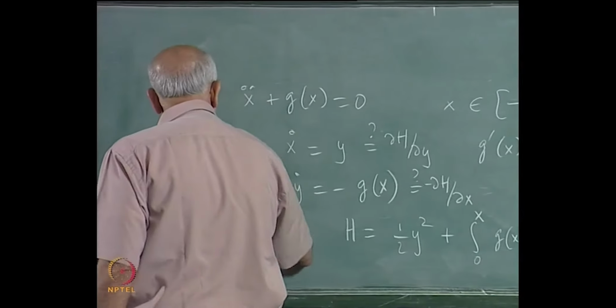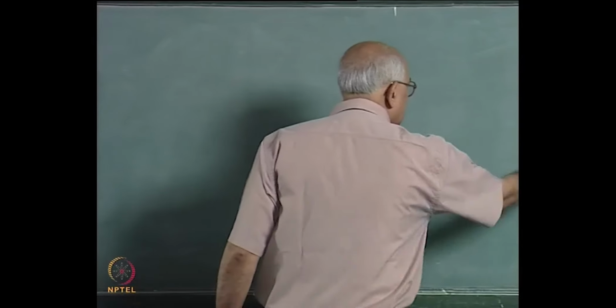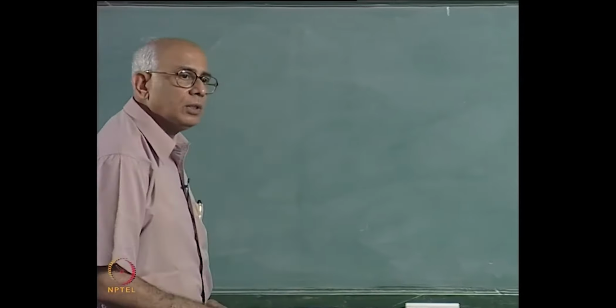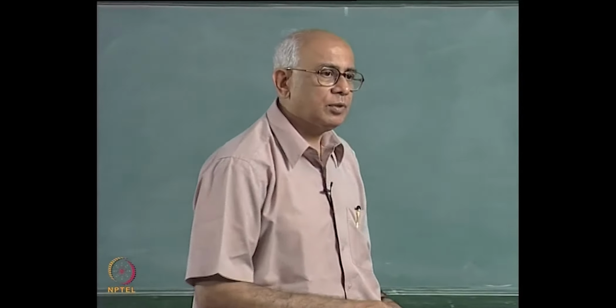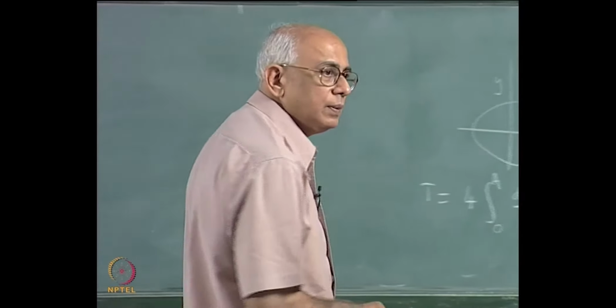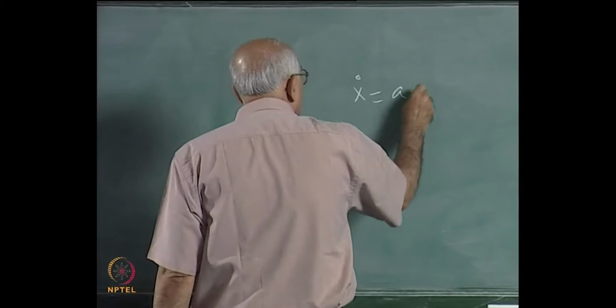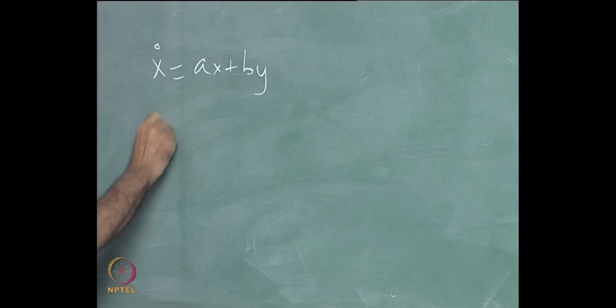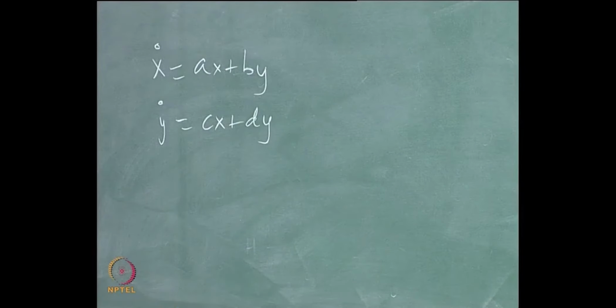What is the necessary and sufficient condition for a linearized 2-dimensional system to have a center at the origin? For a system of the form x dot is ax plus by, y dot is cx plus dy, what would be the necessary and sufficient condition for the origin to be a center?